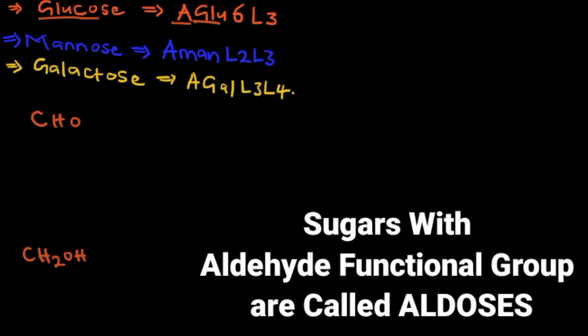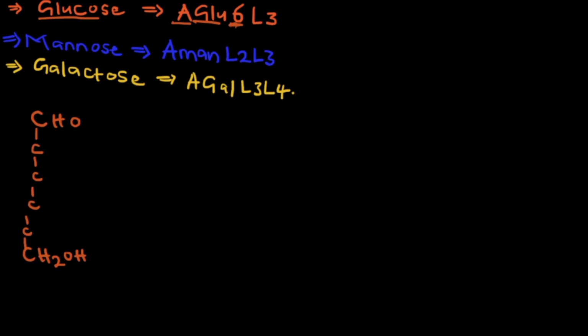Glu tells me that I'm writing for glucose. 6 means it has 6 carbon, so I have 1 already, 2, 3, 4, 5, and the sixth one attached. Okay, so I know L3, that means my position of difference is left in carbon number 3.